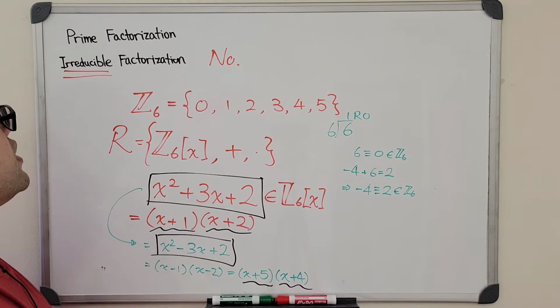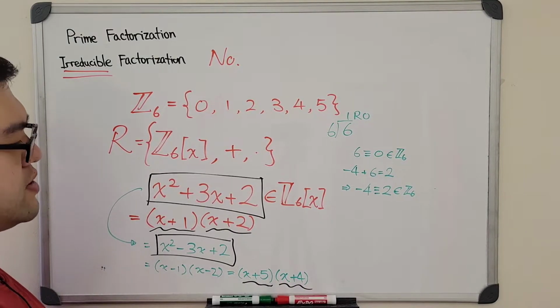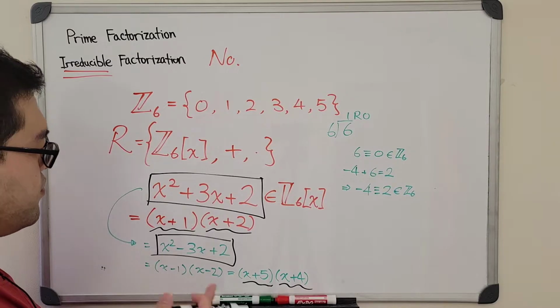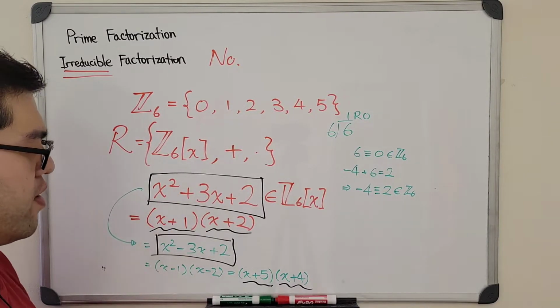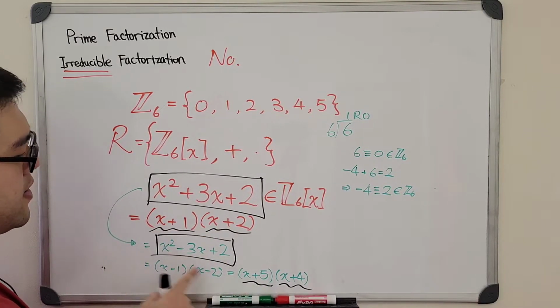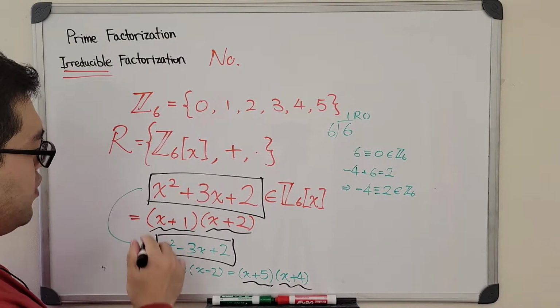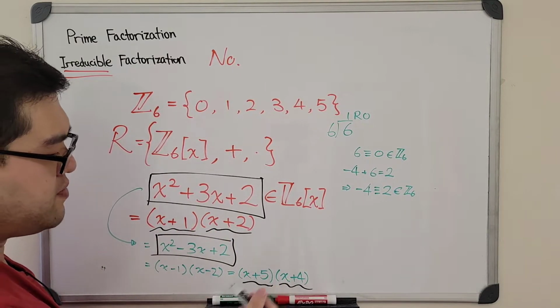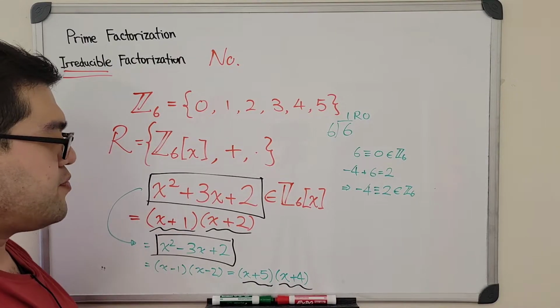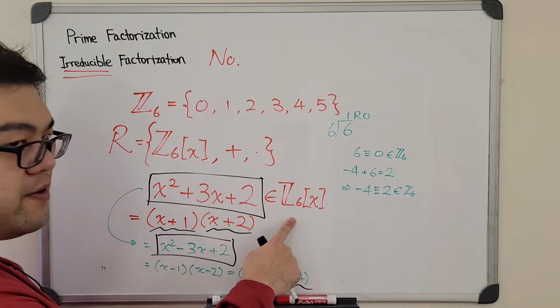And what does that do to the idea of irreducible factorization? Again, irreducible means that there are no two non-unit elements whose product gives whatever we have. And in this case, we have two factors in each case. Each factor is a linear expression. We have x plus 1 or x plus 2, x plus 4 and x plus 5. Is it possible to actually factor x plus 1 or maybe x plus 5 in our ring?